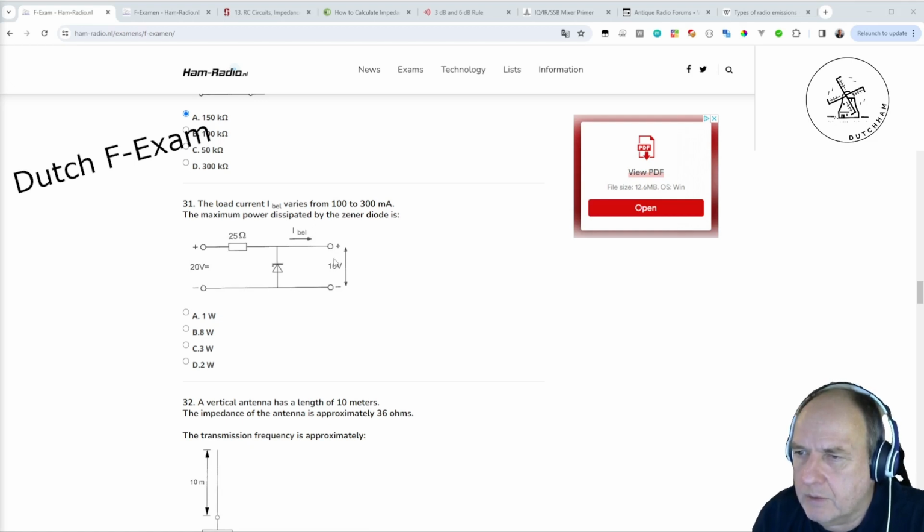So the maximum power is dissipated by the Zener if you have the least current drawn by the load.